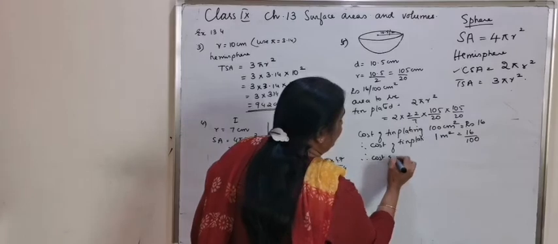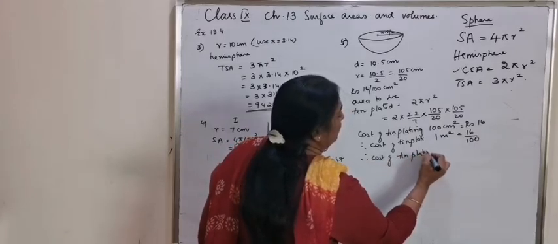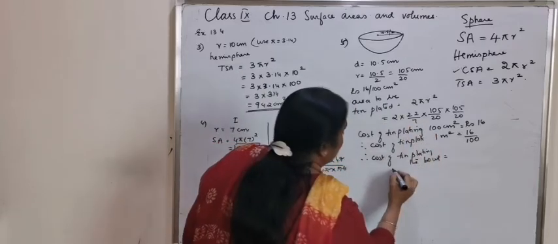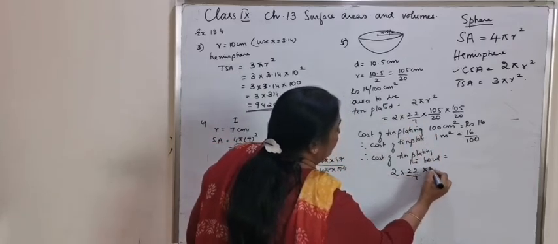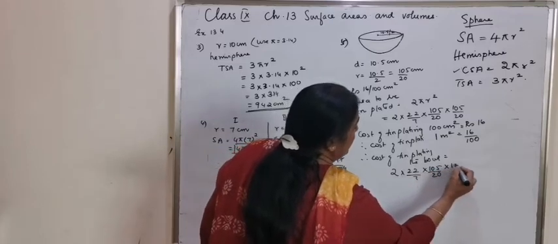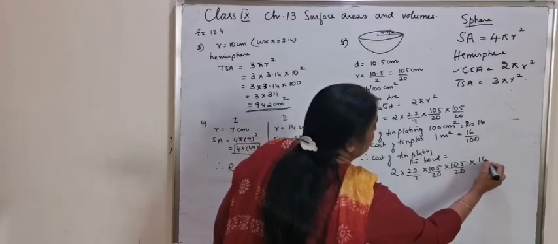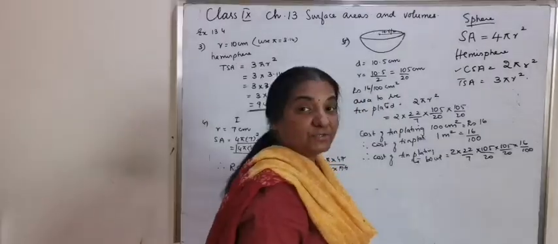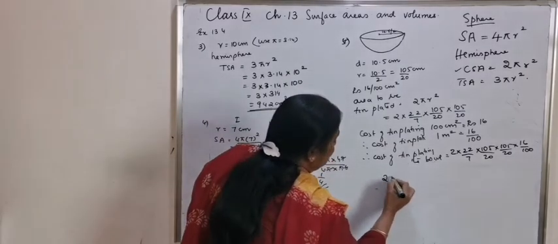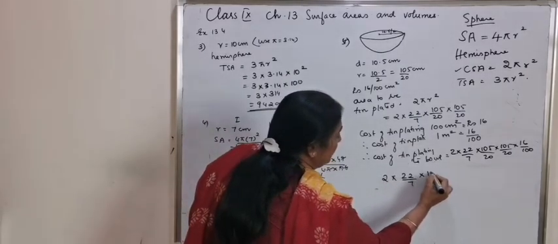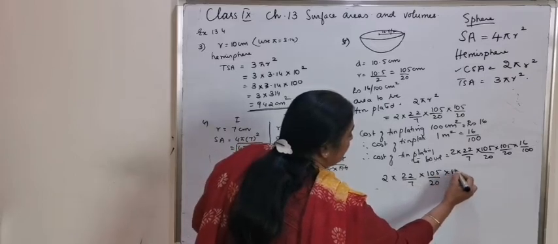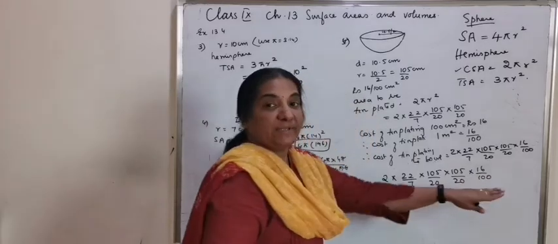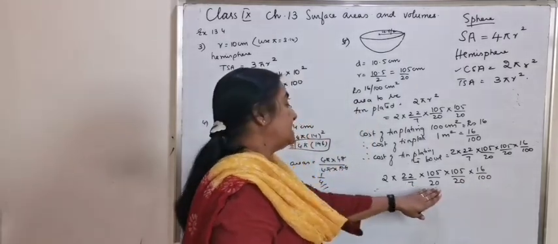Therefore, the cost of tin plating this bowl can be taken as 2 into 22 by 7, 105 by 20, 105 by 20 into 16 by 100, and you can do the simplification at a stretch. I will try to make the denominator with only the numbers as 10.